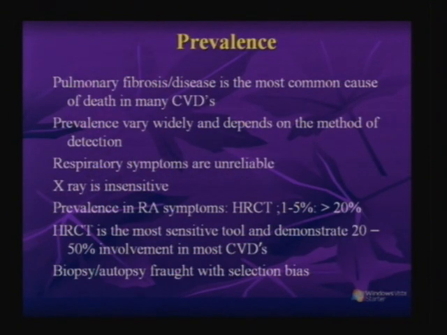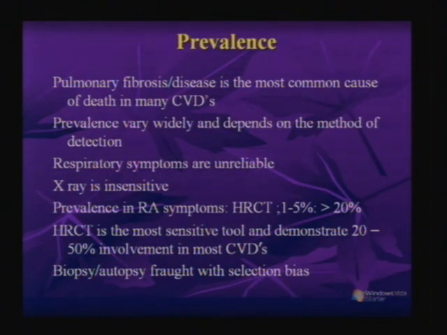Now coming to the prevalence of pulmonary fibrosis in collagen vascular diseases: pulmonary fibrosis is the most common cause of death in many of them. Prevalence varies widely and depends on the method of detection. Clinical symptoms are unreliable and X-rays are insensitive.